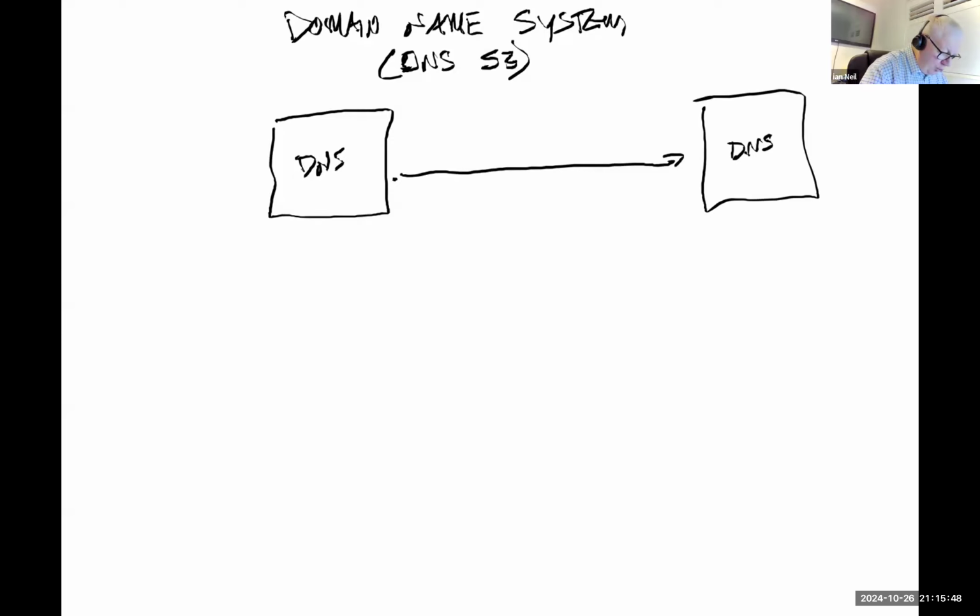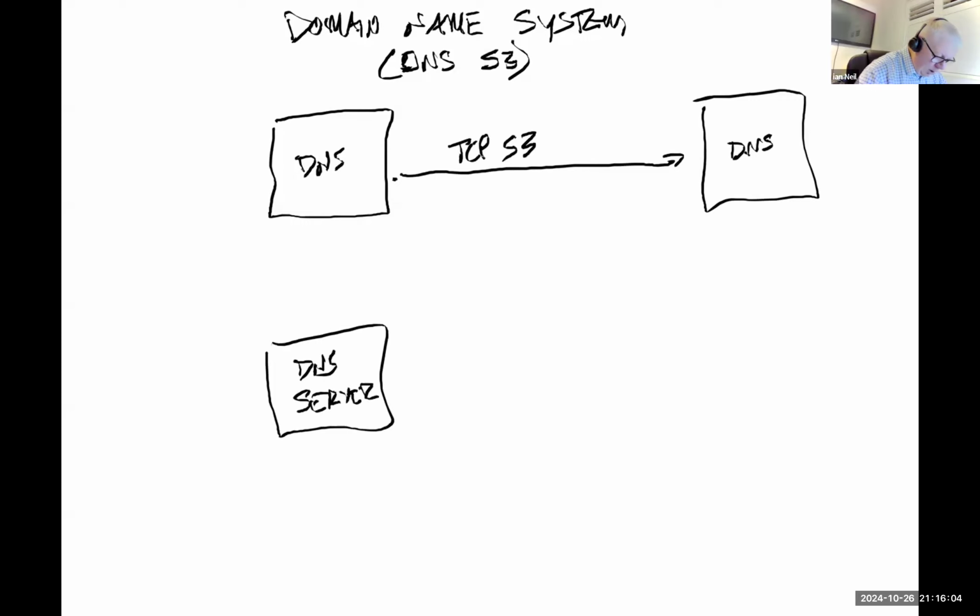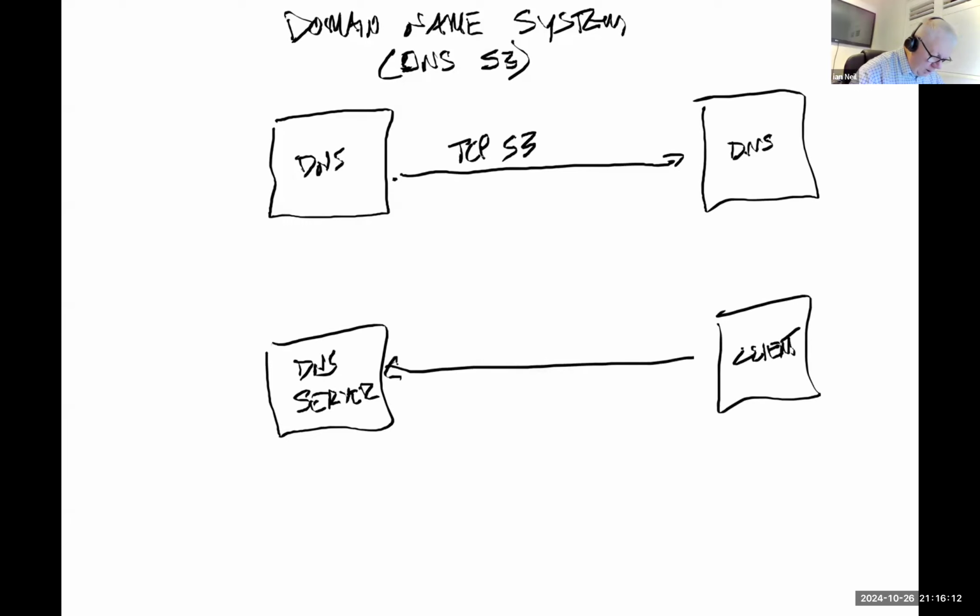And they are going to use TCP 53, where if you've got a DNS server and you've got a client connecting to the DNS server, he's going to use UDP 53.